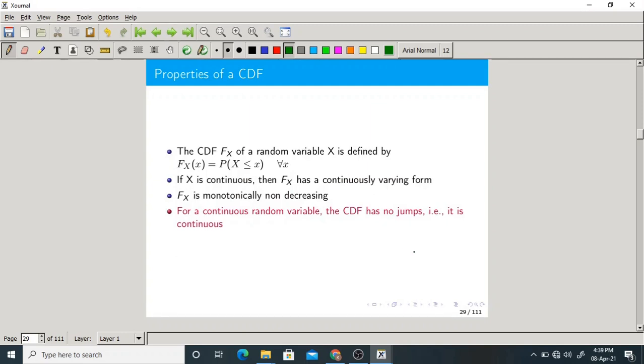So for a continuous random variable, CDF has no jumps. Why? Because it is continuous. Why I am saying this: in the last unit, we discussed the CDF of a discrete random variable, which is nothing but a staircase structure. It has got discontinuities.